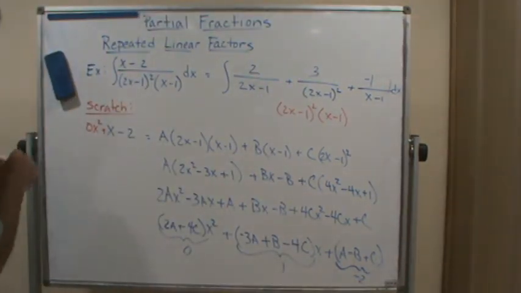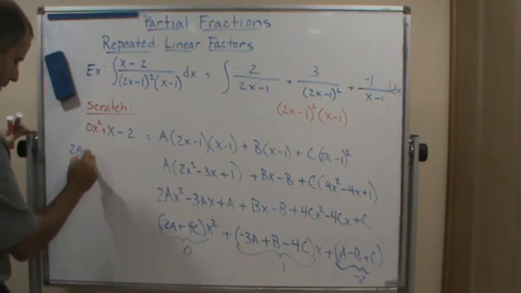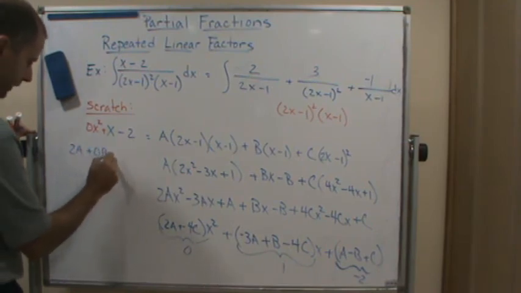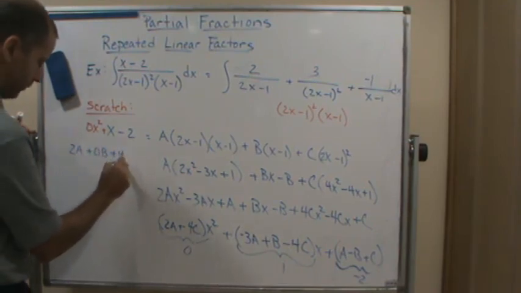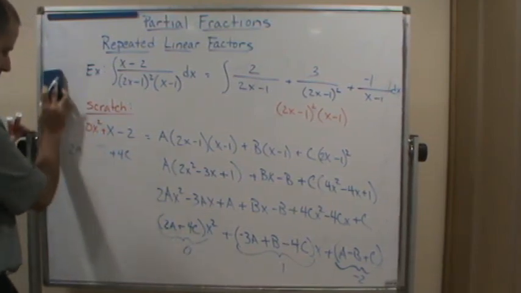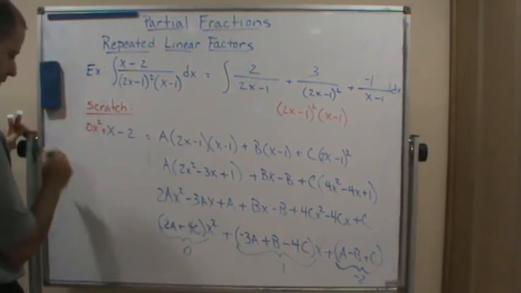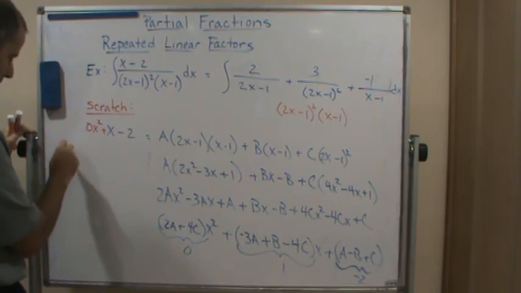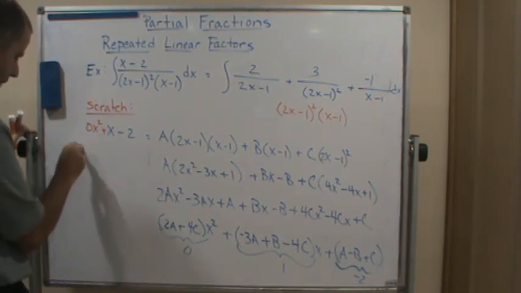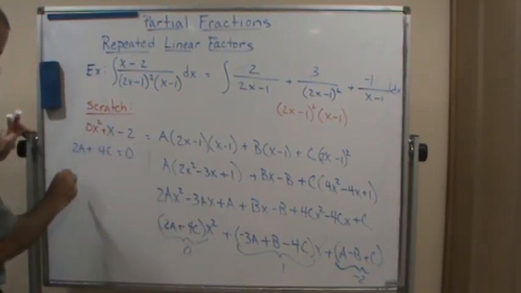So that's how I'm going to set up my system of equations. So I'm going to set up that 2a plus 0b plus 4c. You don't need the 0b here if you don't want, unless you just want to make sure the placeholders, right, the columns line up. So we got 2a plus 4c equals 0.